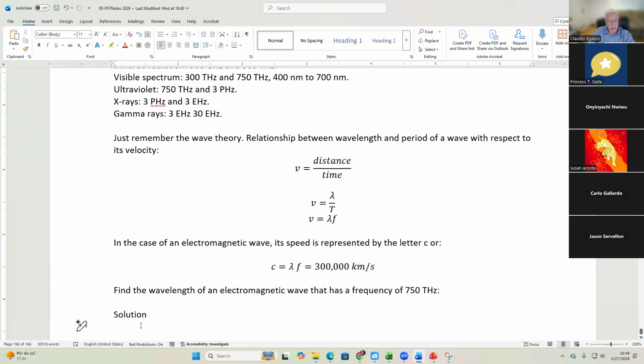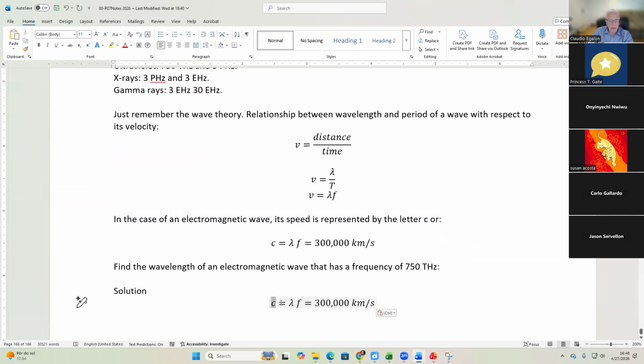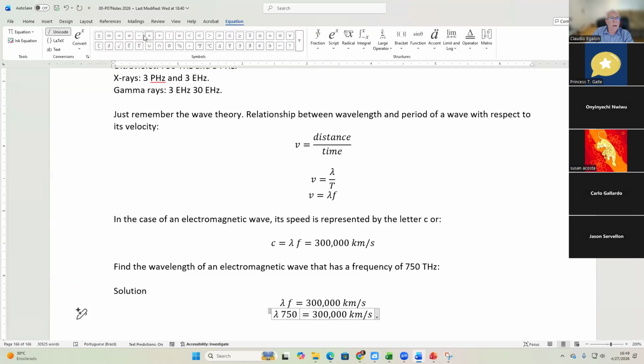We have the frequency, we have the speed, and we want to find the wavelength. The frequency is 750 times 10 to the 12 hertz.